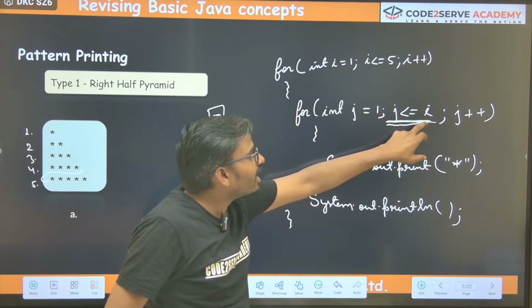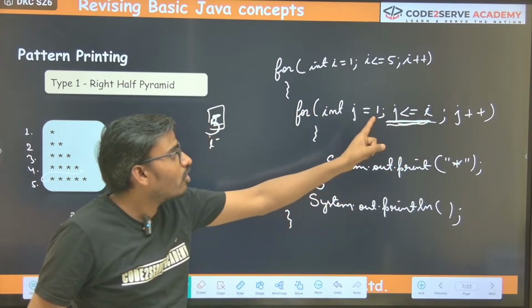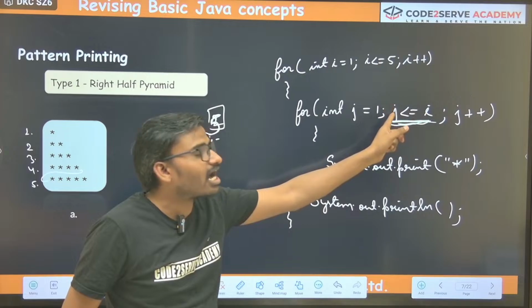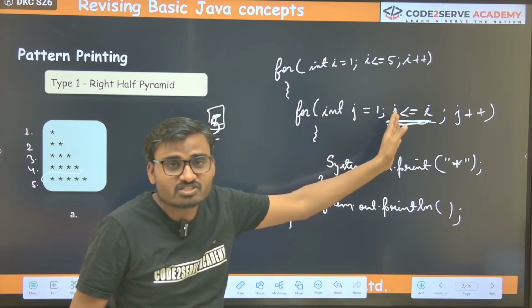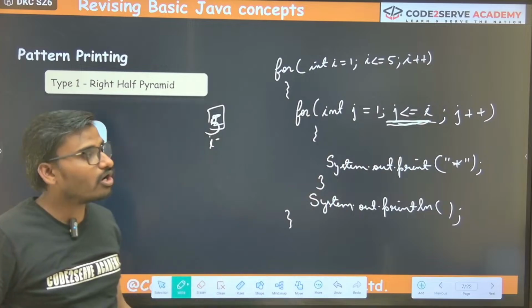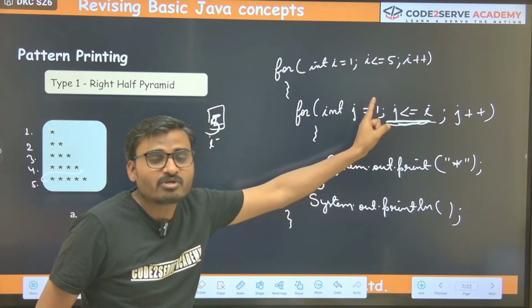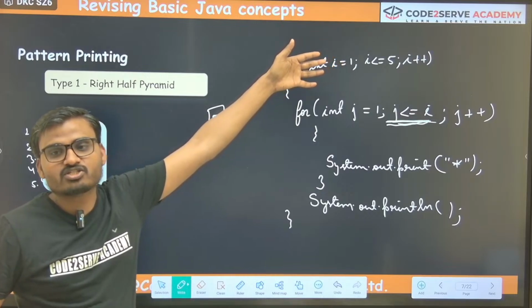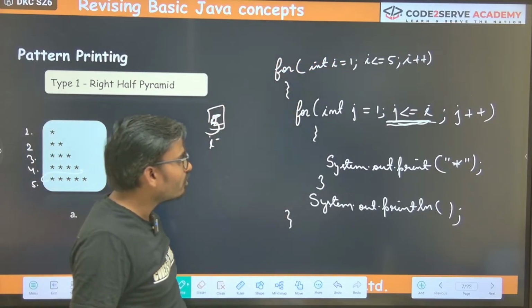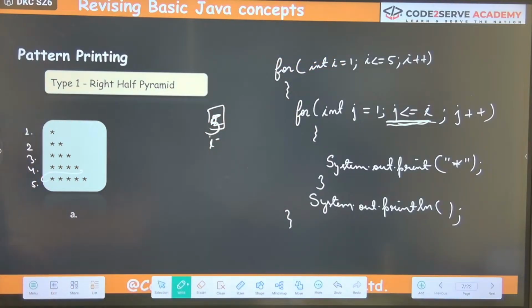You'll notice that in most pattern printing, j is dependent on i. So we'll write all the terminating conditions for j based on i. I hope this was pretty easy.